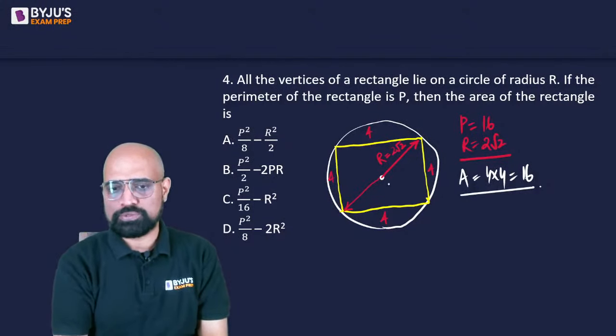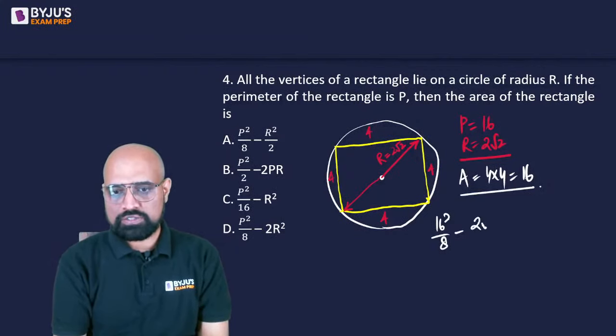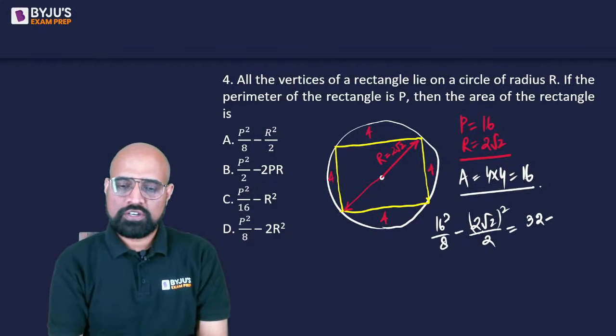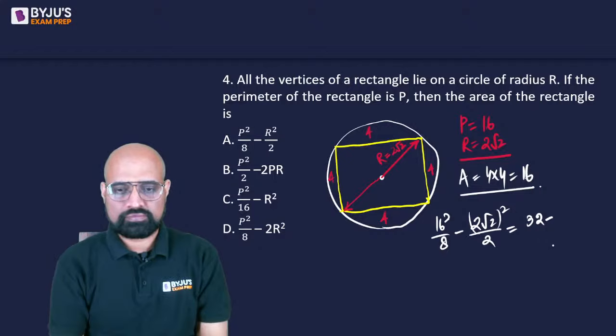Let's check the first option. So I will have 16 square upon 8 minus 2 root 2 whole square by 2, which is going to give me 16 into 2, 32 minus 4 into 2, 8, by 2, which is 4.